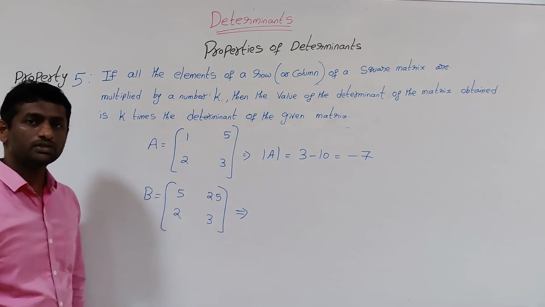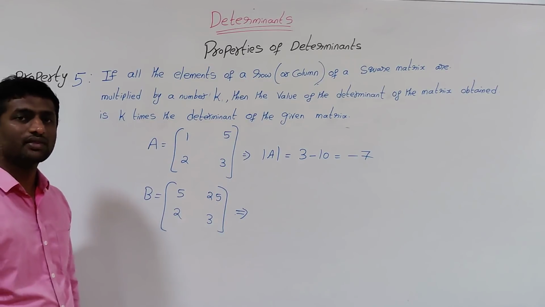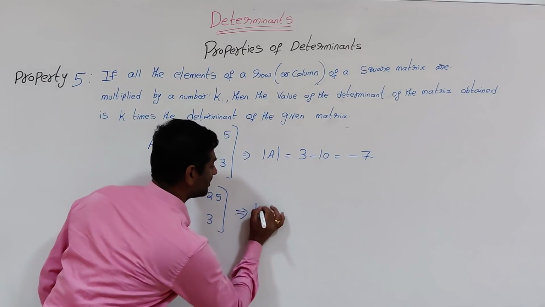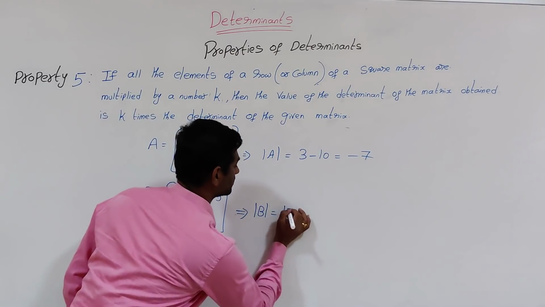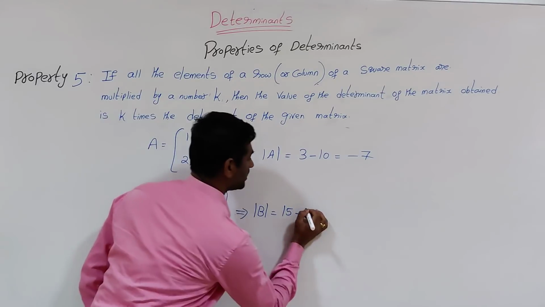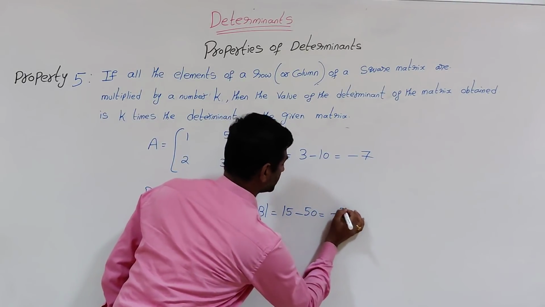Now see, what is the determinant? Determinant of B is equal to 5 into 3, 15, minus 50, which is minus 35.